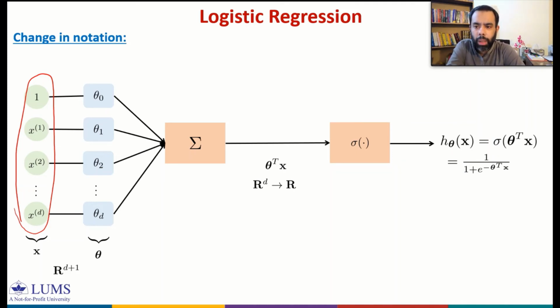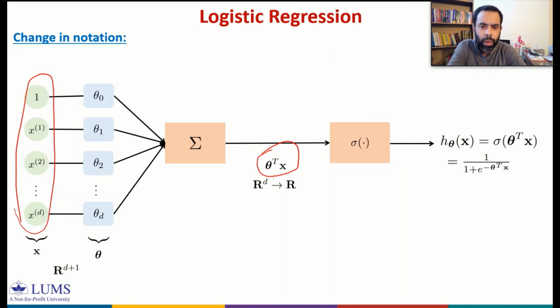And so we multiply 1 with theta naught, x1 with theta 1, and so on, and we sum. What we get here is simply an inner product of theta and x. So this is theta transpose x, and to be very precise, it is a mapping from R^d to R, because 1 is just a constant. But if you want to take it as R^(d+1), that is an equivalent representation.